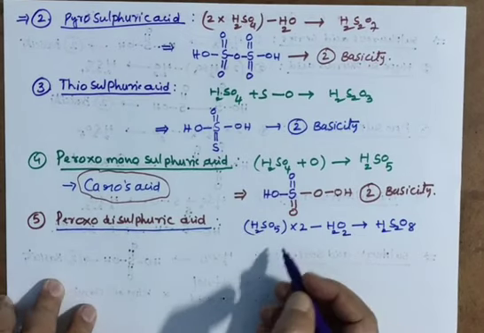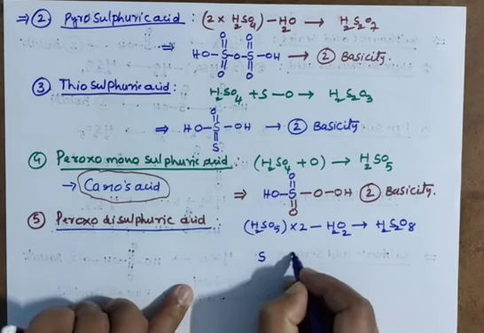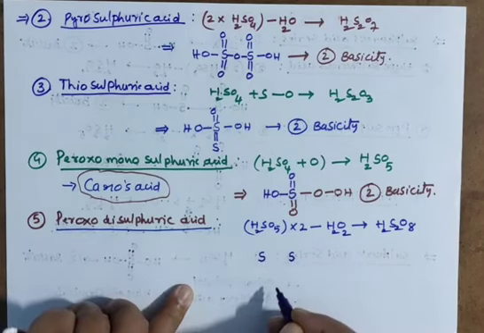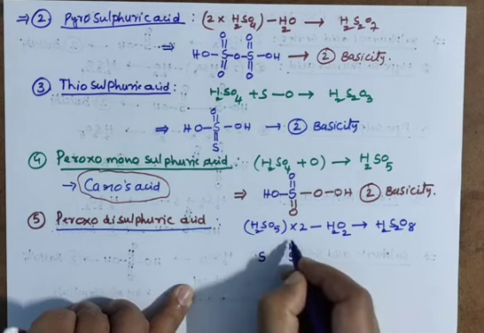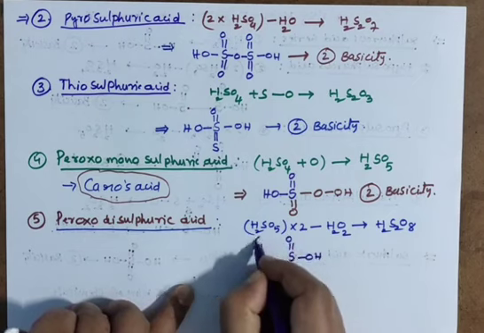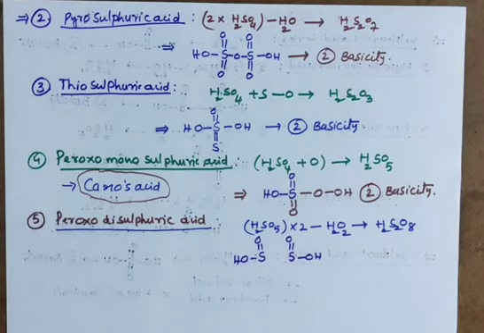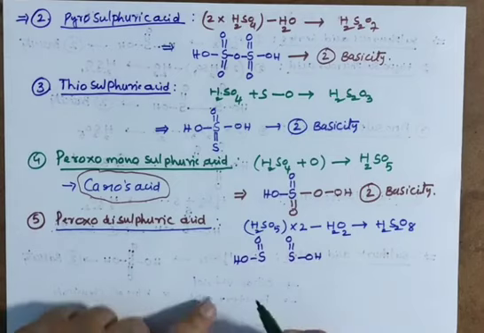This is the trick. Now 2 sulfurs are there, 2 central atoms. And each one basic unit we have, double bond O, OH. Remaining we have to add according to their valency.